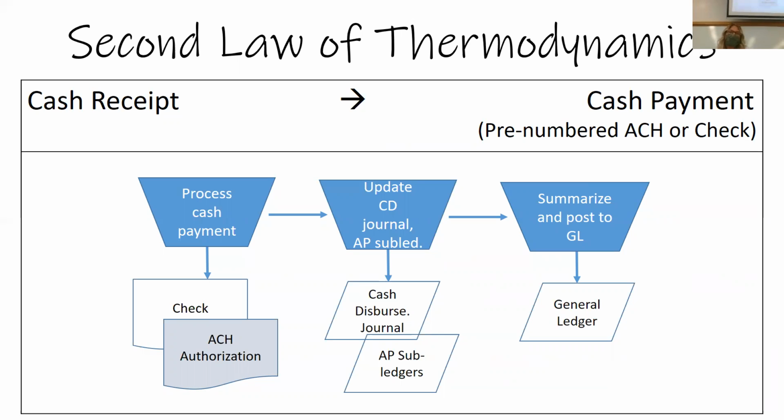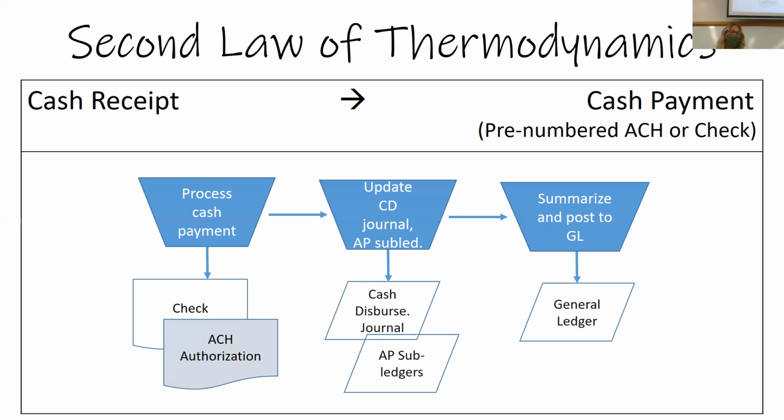So in the receipt cycle, we would receive cash by way of a check or an ACH notice. Now we're issuing a check or authorizing an ACH payment.